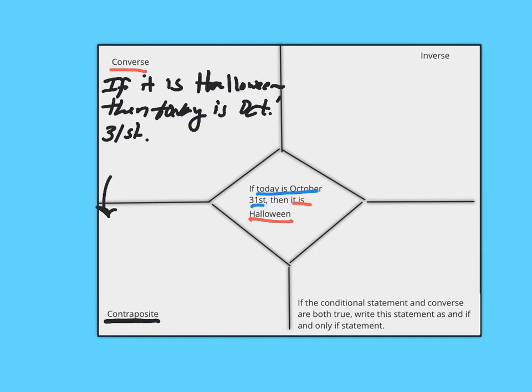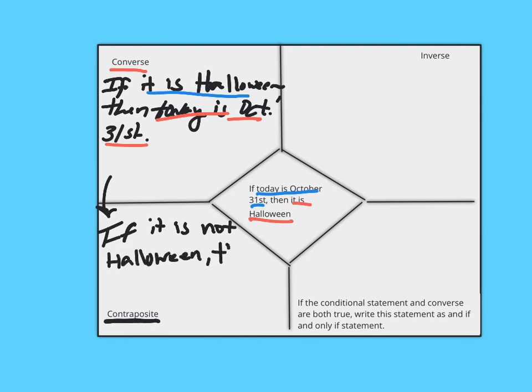The contrapositive, I'm going to go down to that one next. The contrapositive is switching the order and negating. So my converse already switched the order. Now I just need to negate my new hypothesis and my new conclusion. So that's going to sound like: if it is not Halloween, then it is not October 31st.